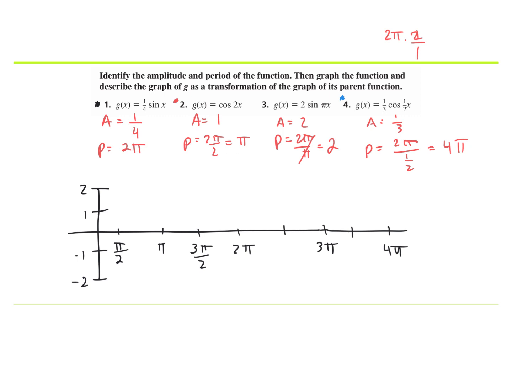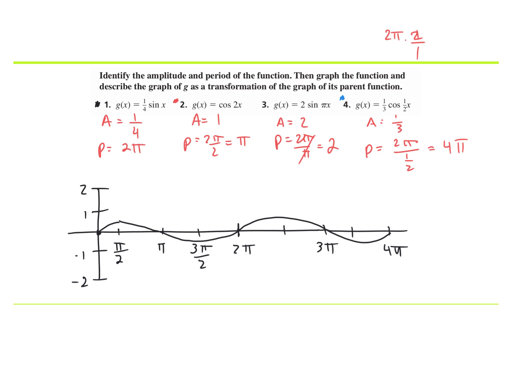It's saying it's an amplitude of a fourth, and it's a sine. So we're going to start right here. Our fourth is not very tall, so it's just going to go up a little bit, down a little bit. And then that is our period because we start the drawing again at 2 pi. If we were to keep going, it'll be like this. Again, every 2 pi, we restart the drawing.